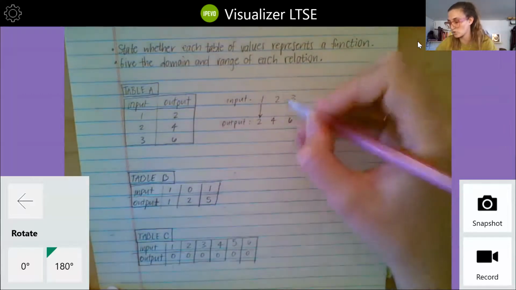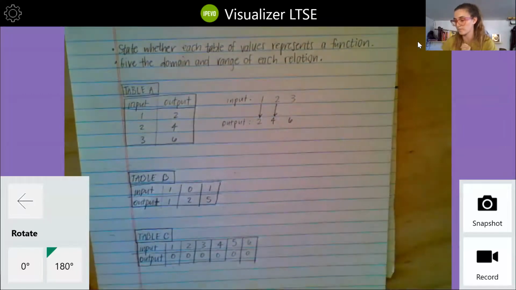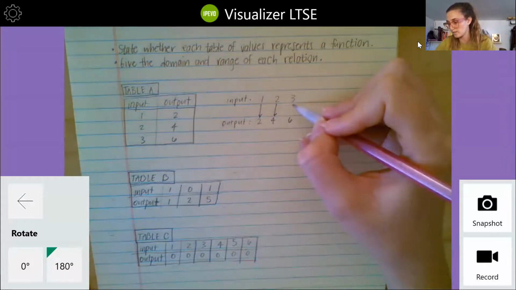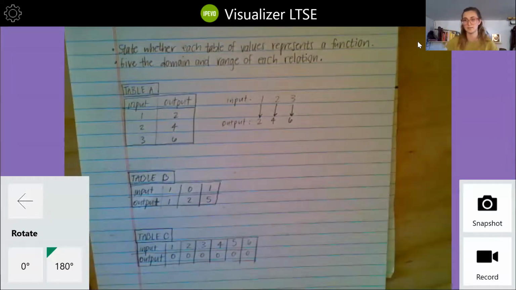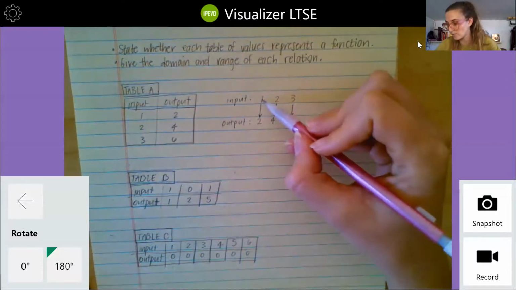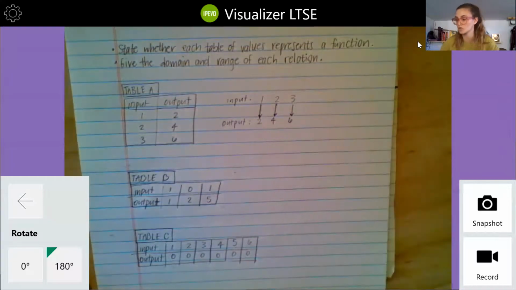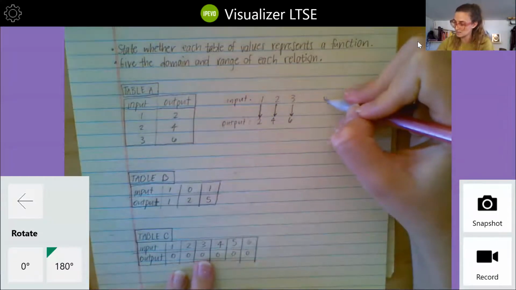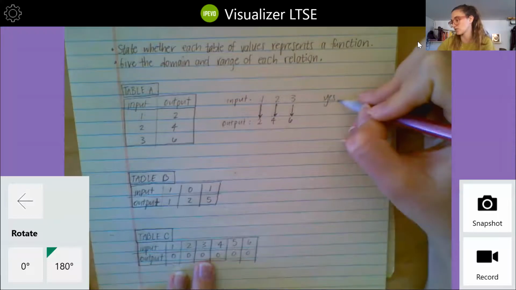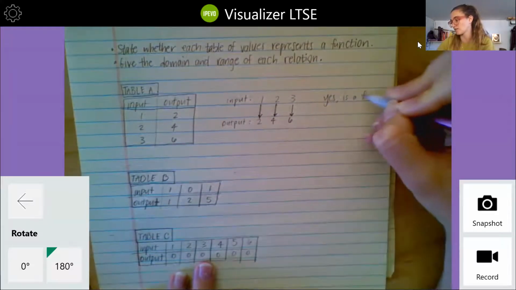When I input 2, my output will be 4. When I input 3, my output will be 6. Okay, so for every input, there is exactly one output. So yes, this is a function.